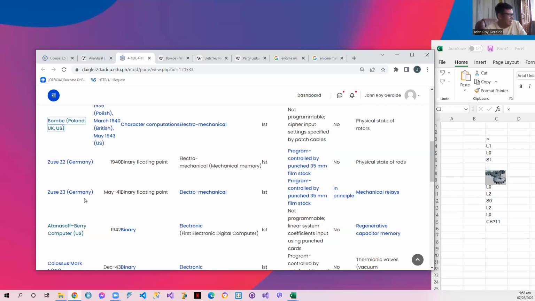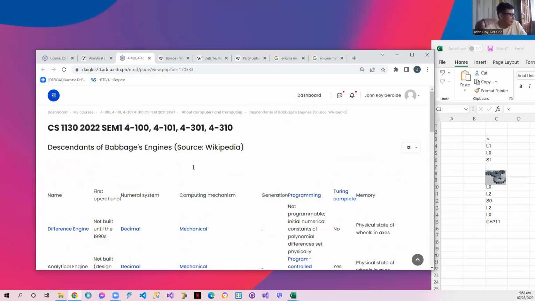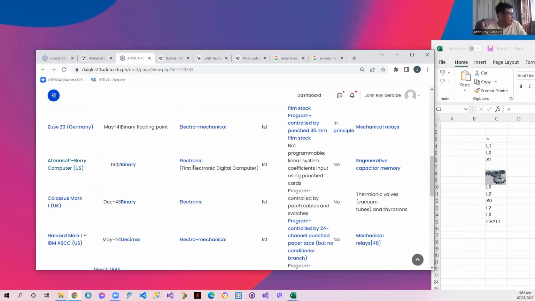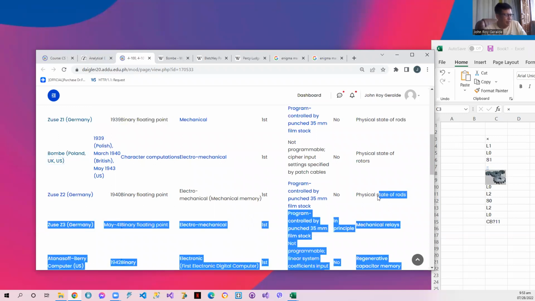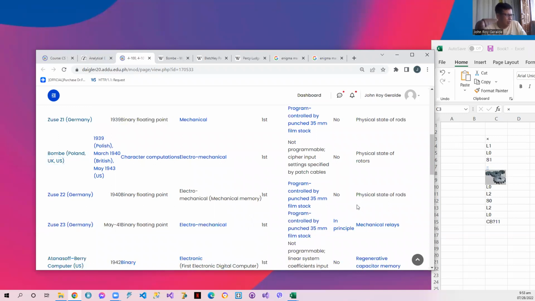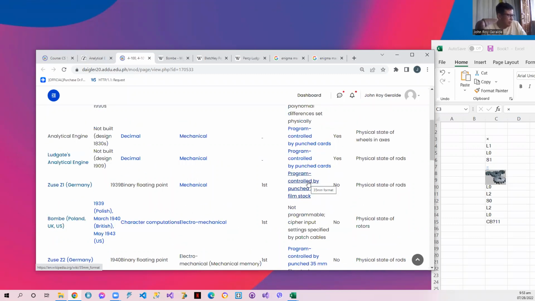Okay. And by May 1941, binary floating point, and the computing mechanism for the Z3 is electromechanical, so part electronic and part mechanical. The memory is made of the physical state of rods, or magnetic rods, and the program is no longer controlled like its predecessor, the Z1.